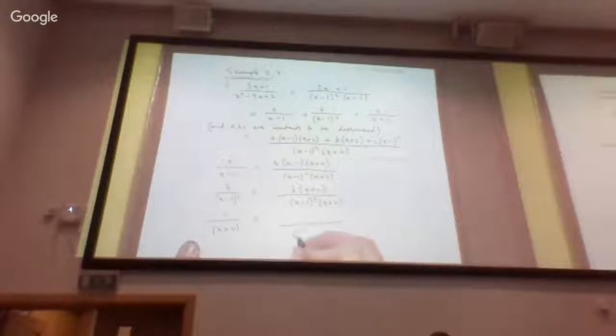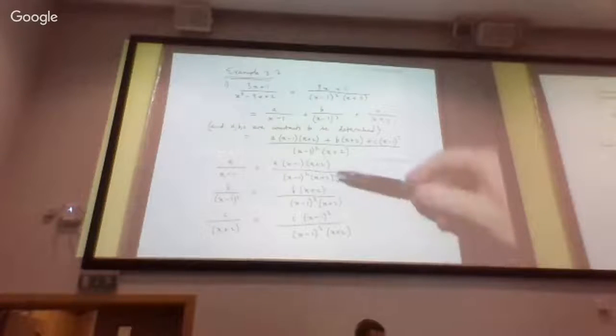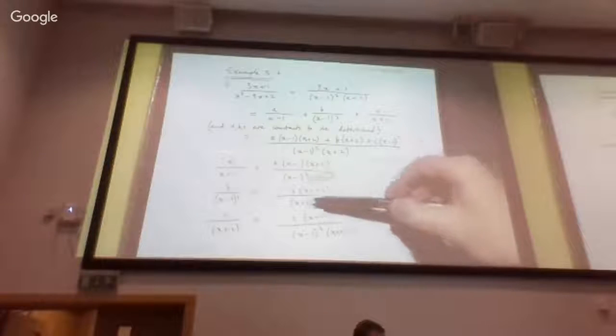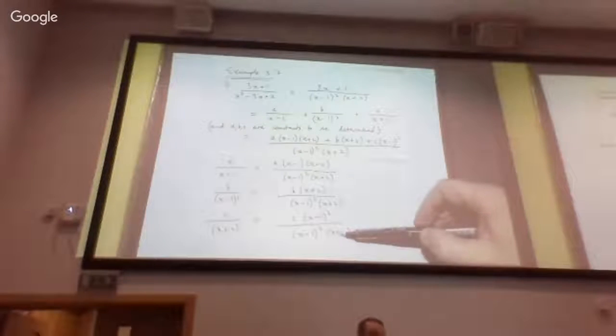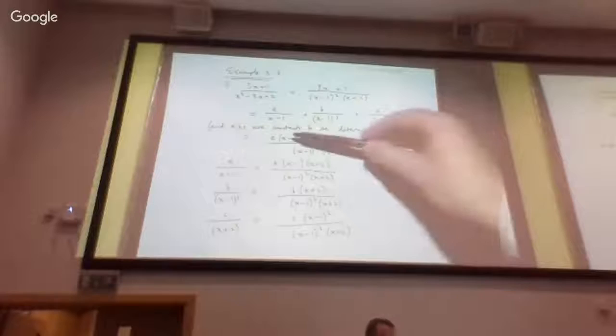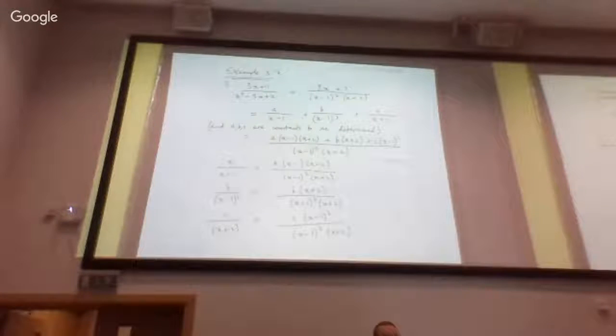I want to write that over the same denominator. So the c must get multiplied by x minus 1 all squared. So now I have these three fractions and they're all over the same denominator, so I can simply add them, adding the different numerators.